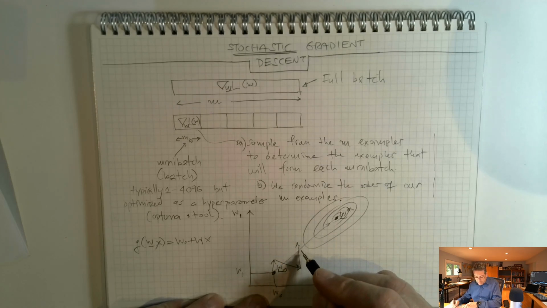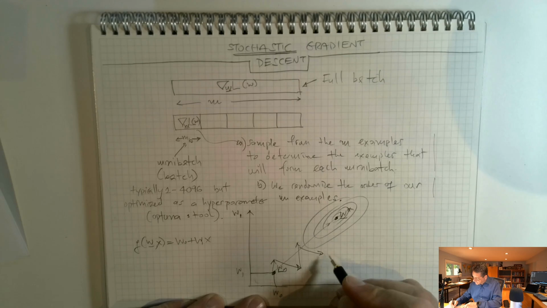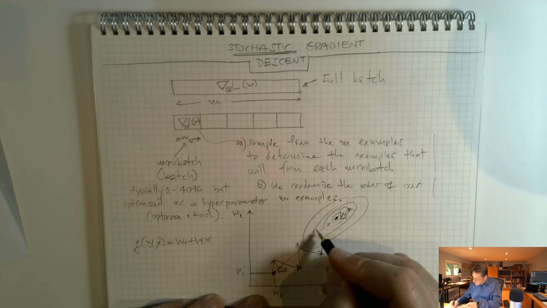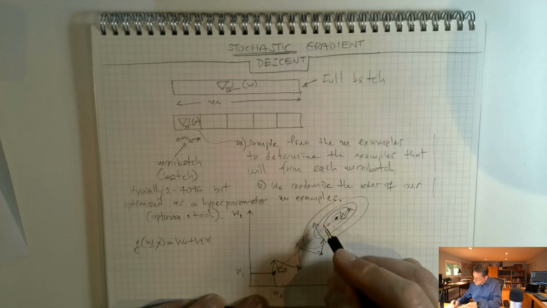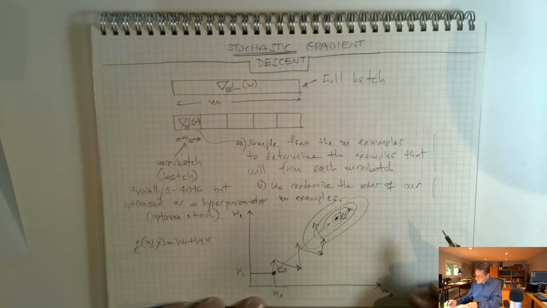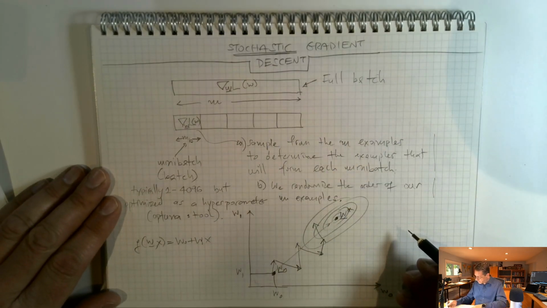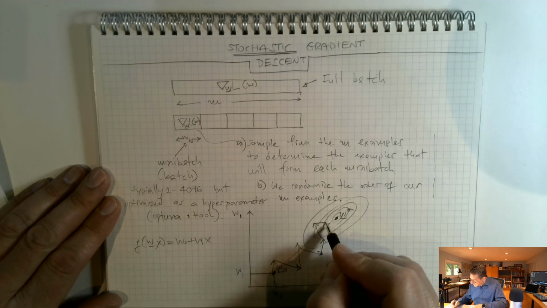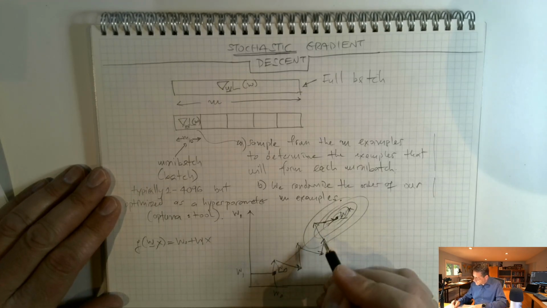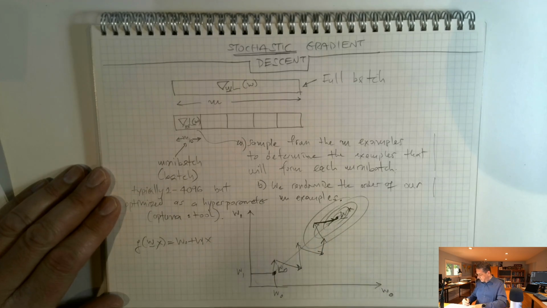We may go in a fairly convoluted way, and we can show that still, if we choose the hyperparameter called learning rate appropriately, we converge to the local minima, or the global minima for that matter.